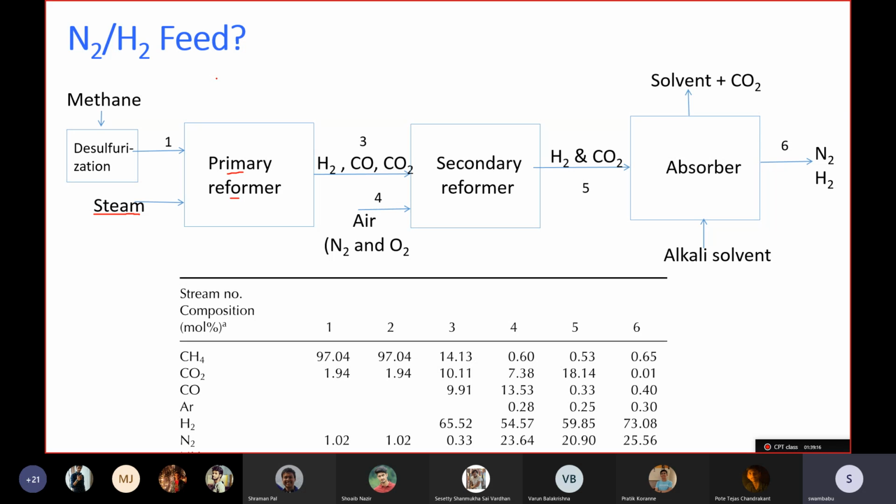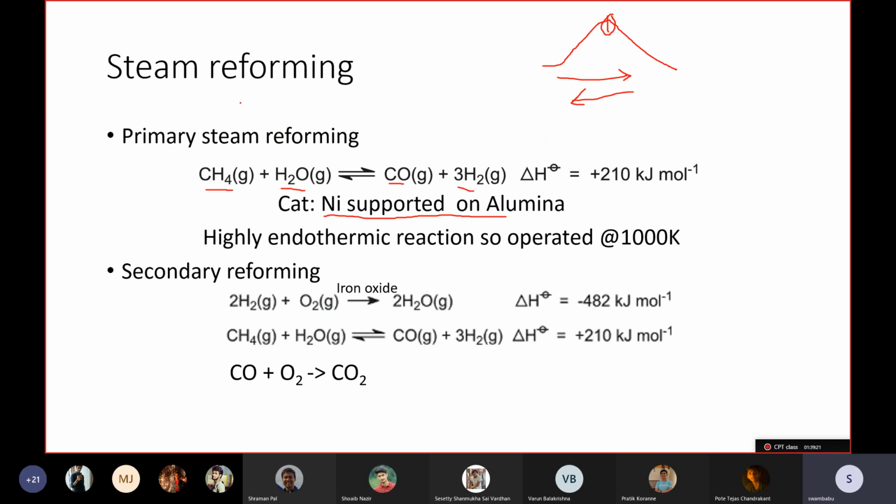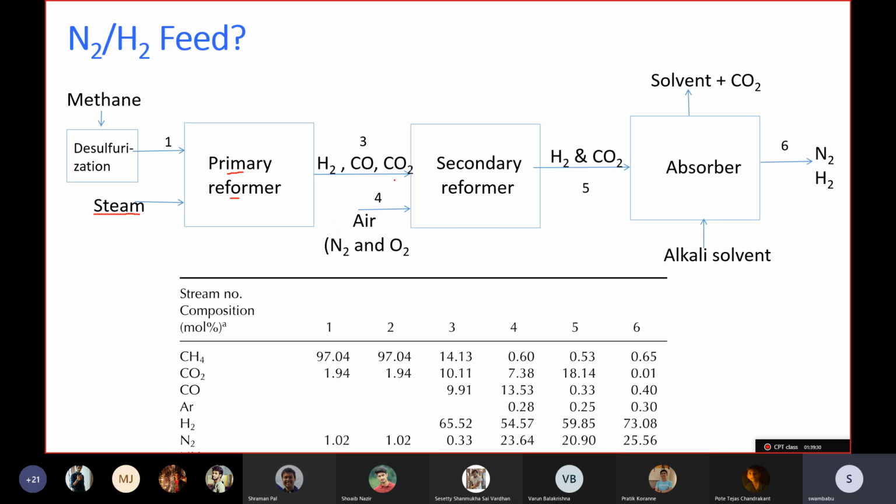Methane plus water, steam, reacts to give carbon monoxide and H2. After primary reforming, we get carbon monoxide, hydrogen, and a very small amount of CO2 also forms.